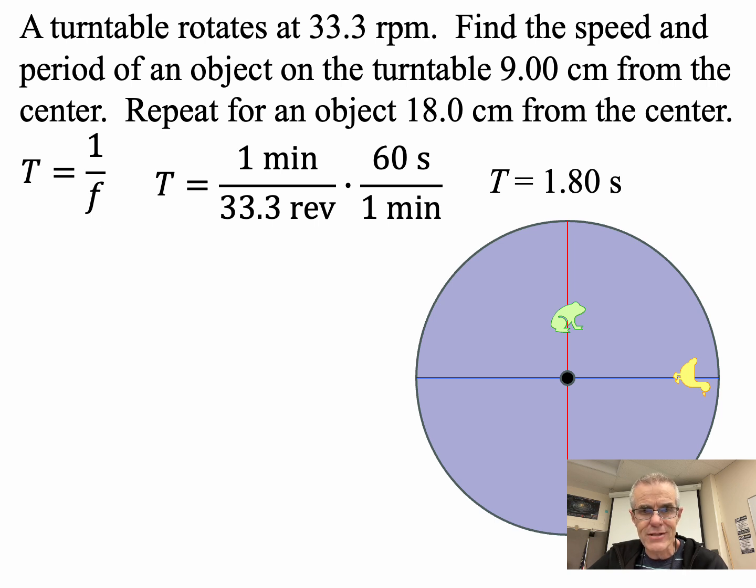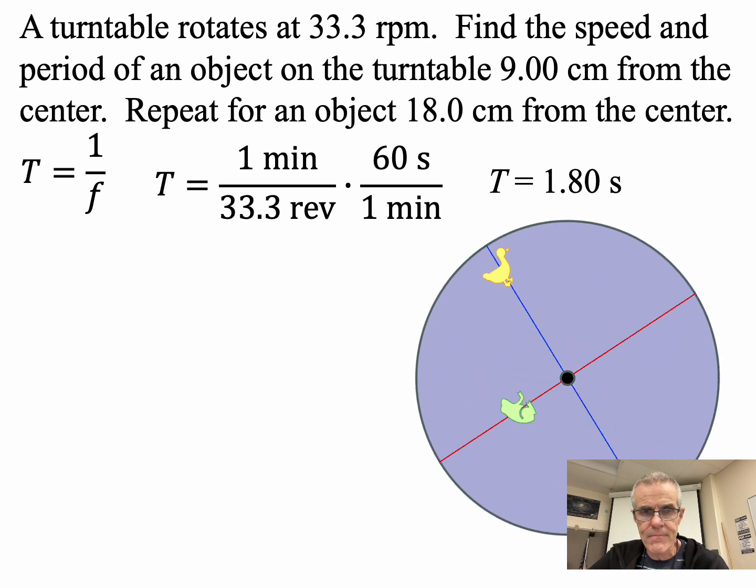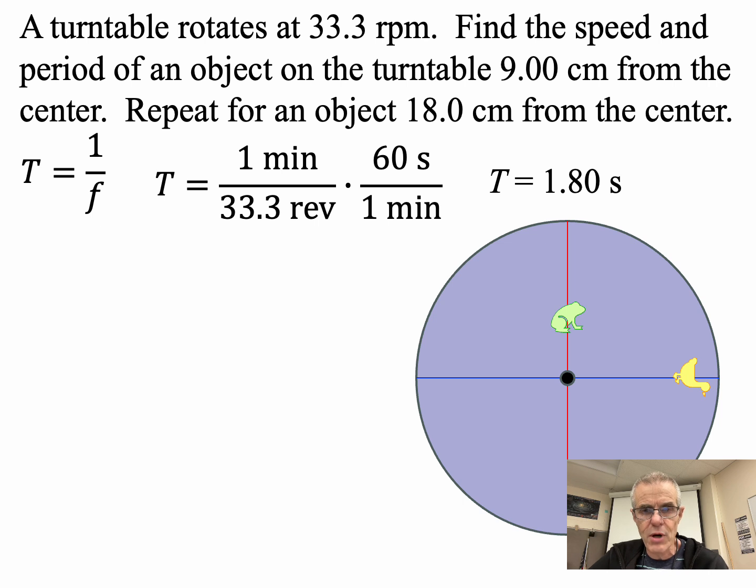Now, which object would that be true for? Let's watch our animation one more time. Well, if you think about it, if they're both on the platter, they're both on this turntable, they would both finish 1 revolution in the same amount of time, 1.8 seconds. So this would be the answer for either object for the period.